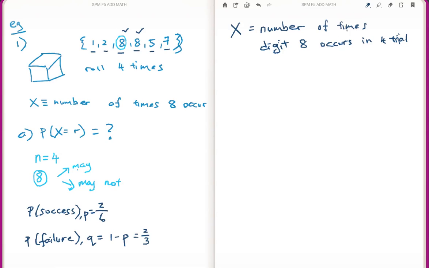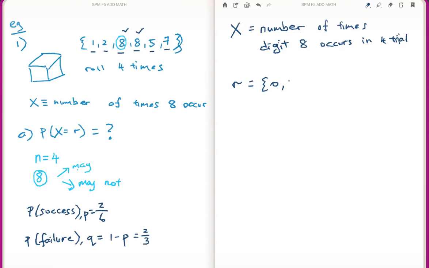Once you define your X, then you may define your r. What's your r? It fulfills this: digit 8 occurs in 4 trials. It can be 0, meaning 8 doesn't come out at all.